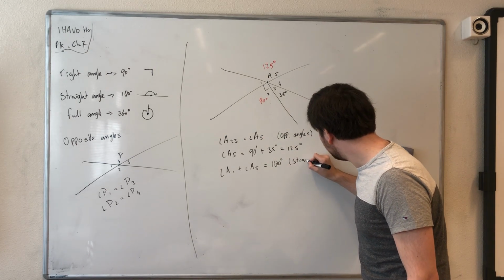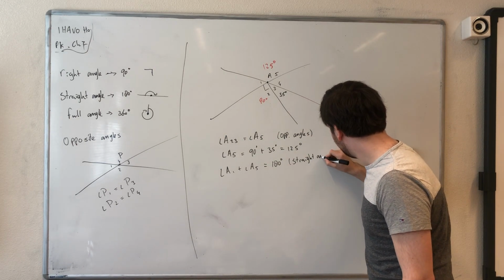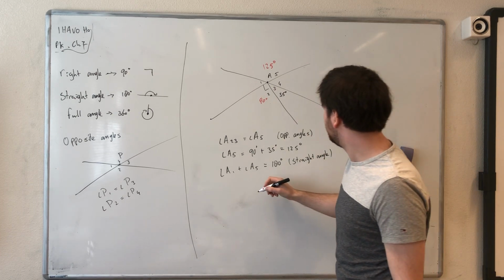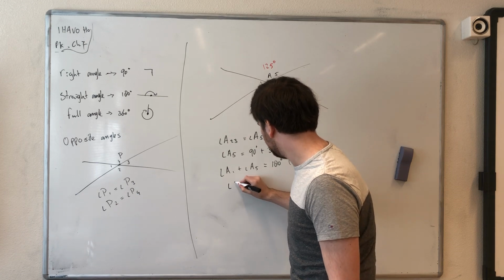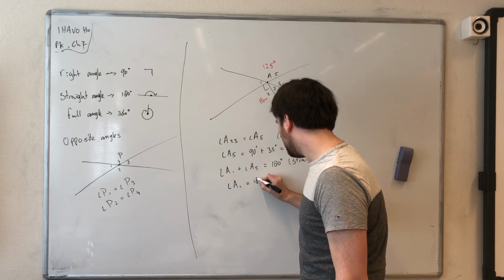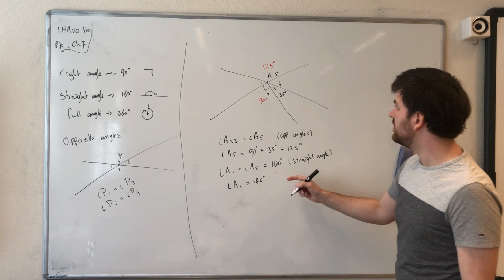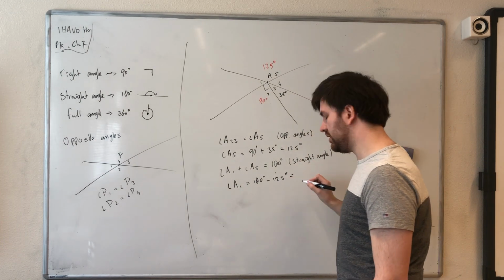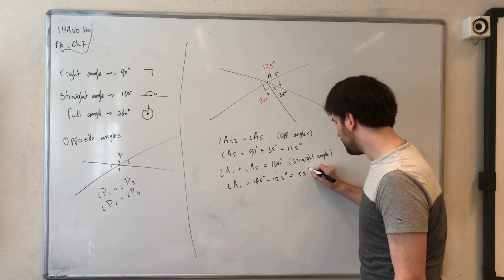Very good. So A1, you can calculate it by taking 180 and then subtracting 125, which is 55 degrees.